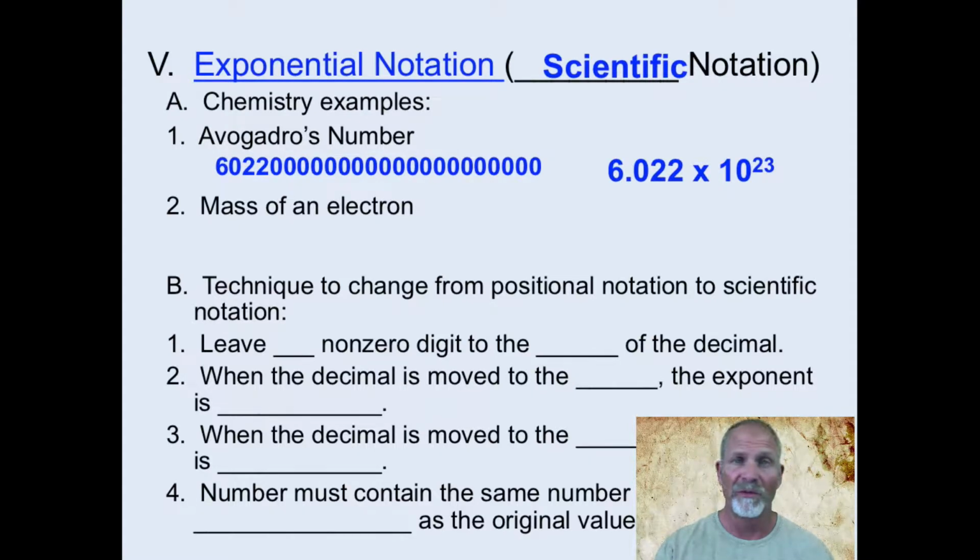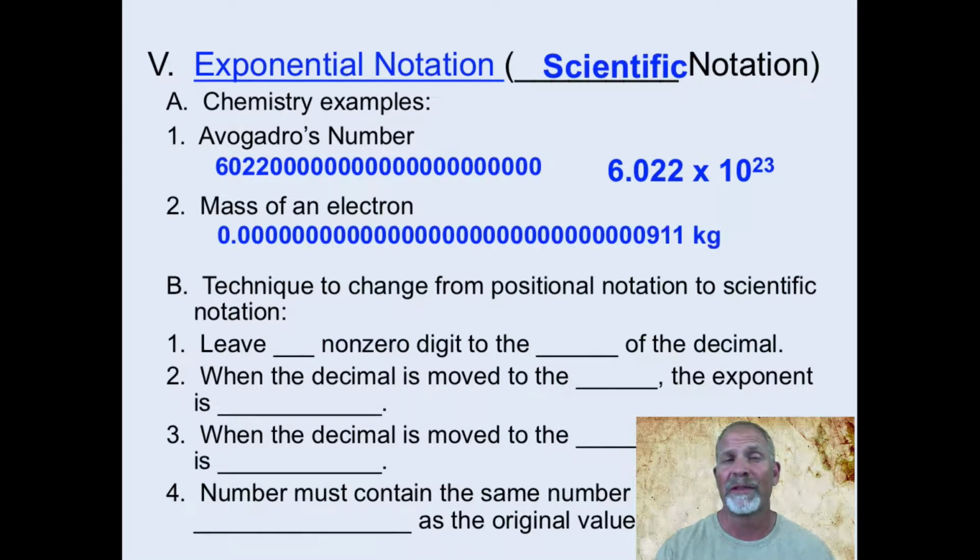We also work with very, very small numbers. So you have to understand we're working with the atom. Such an example is breaking the atom down to the electron, which has a mass. Now I know we look at its mass as negligible, but it actually has mass, so it is matter. But we look at this number and see how small it is, and to put this in our calculator once again is not realistic.